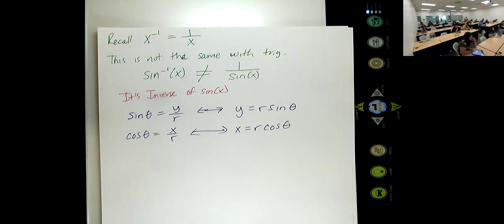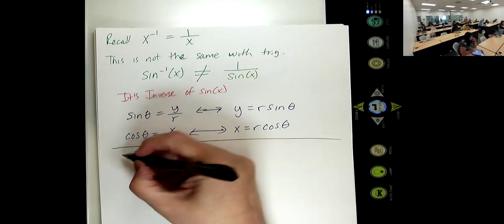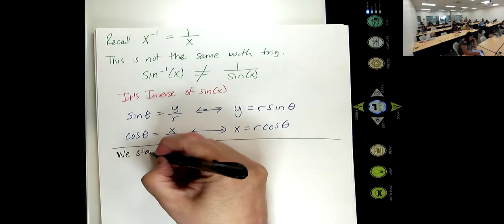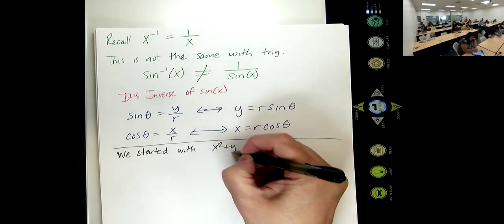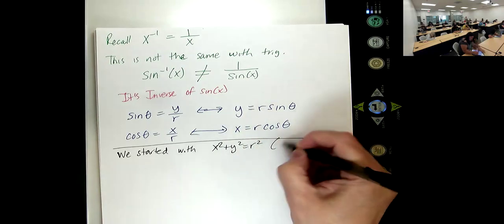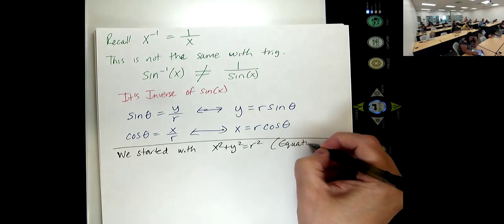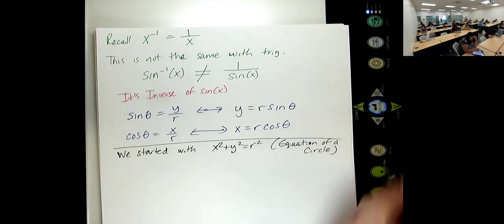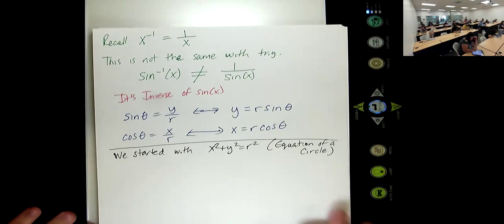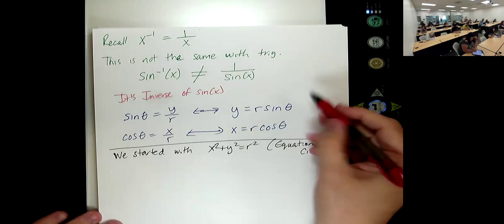This is kind of important because this leads to the next thing here. We started with x squared plus y squared equals r squared, the equation of a circle. Let's take these and plug these in.